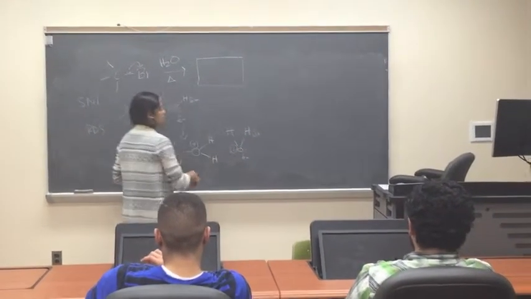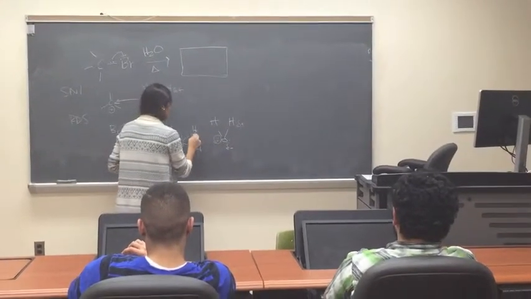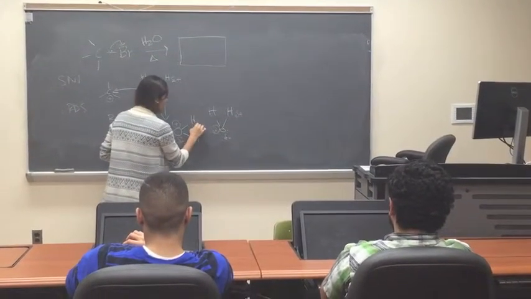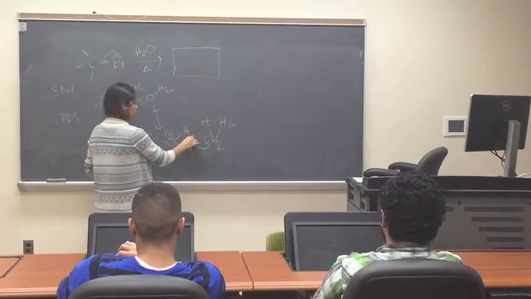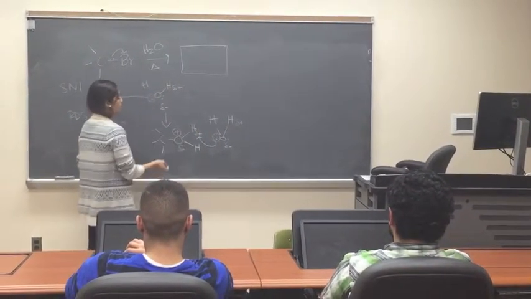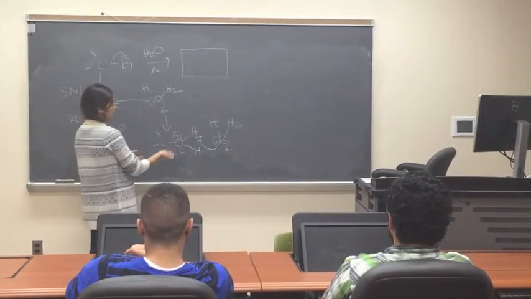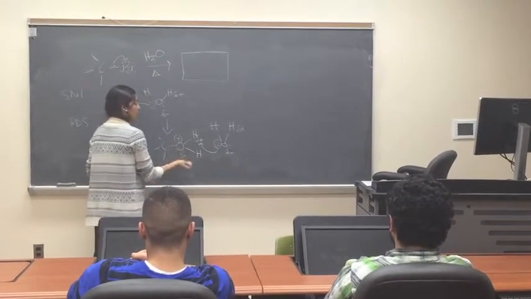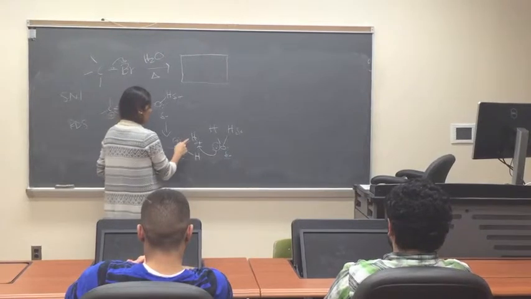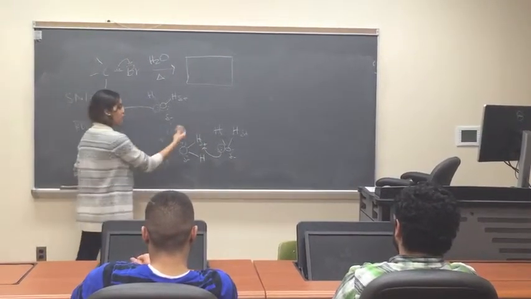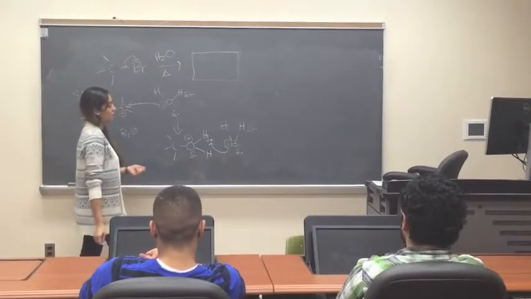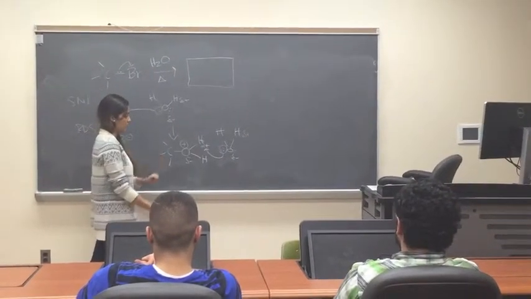Again, this lone pair is looking for a positively charged atom. These electrons go to the hydrogen. It doesn't go to the oxygen because it's already full, so it's not able to accept any more electrons. If it did, it would kick out either hydrogen or carbon, which makes it unstable, so that's why it prefers not to go there. So it goes to the next positively charged atom, which in this case was hydrogen.